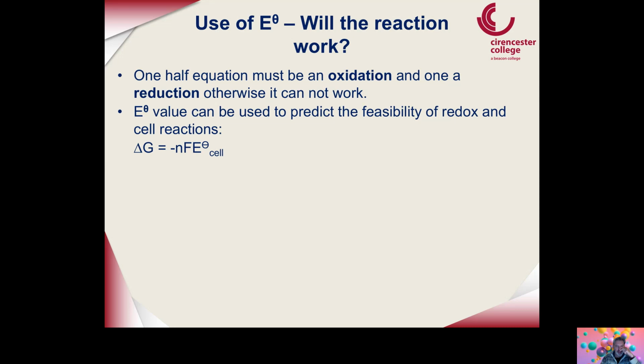And that comes from this equation here, where we've got delta G, which you've come across before, which is the free energy, is minus nFE, where n is the number of moles, F is the Faraday constant, and E is E cell. The Faraday constant is this, it's coulombs per mole, and coulombs is a measure of charge. So it's the amount of charge per mole of substance, and we've got moles in there in the form of n.